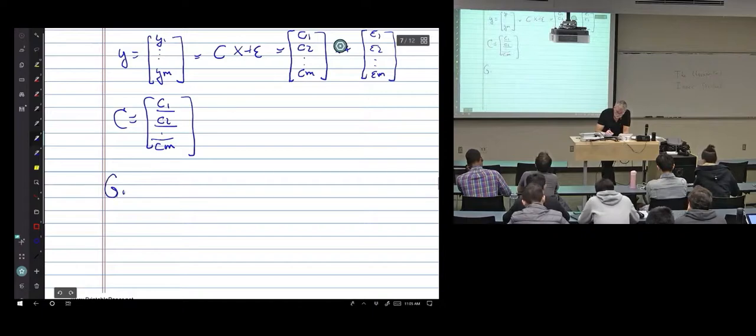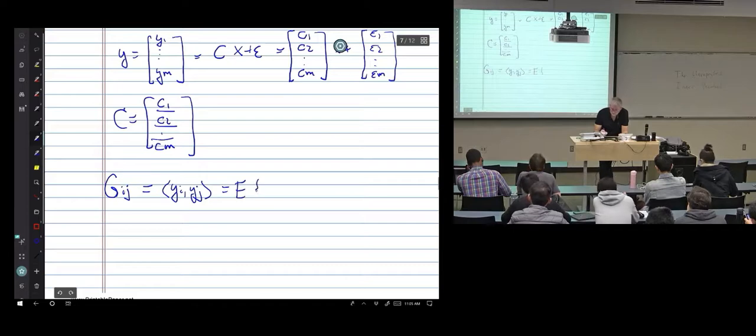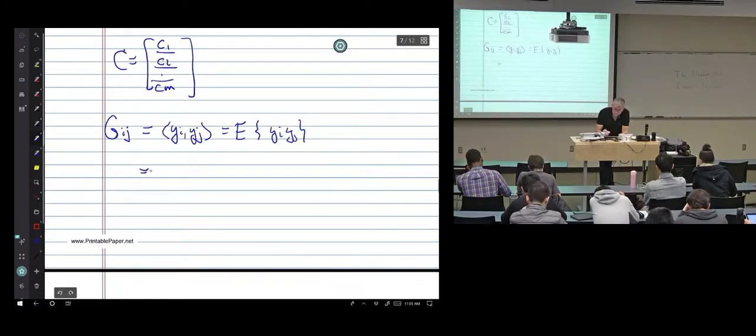So let's just now calculate the ij element of G, which is the inner product of yi and yj, equals the expected value of yi yj. Now all I'm going to do is substitute in for what those scalars are.